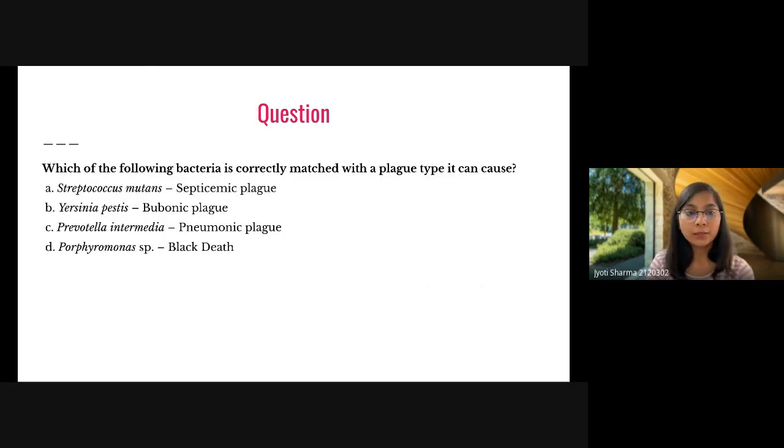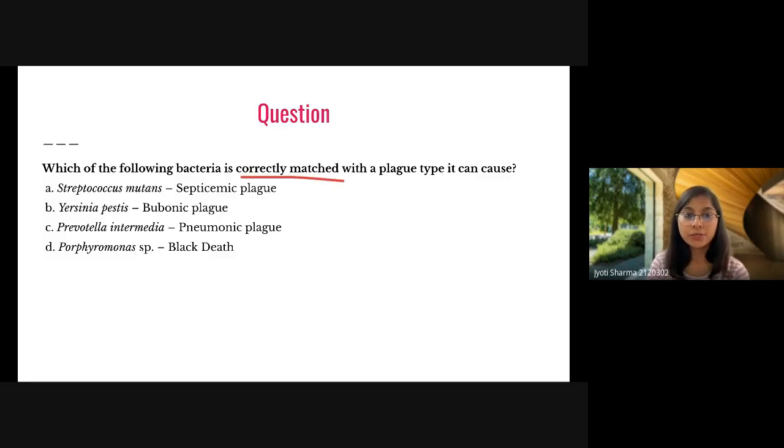Okay, now which of the following bacteria is correctly matched with the plaque type it can cause? We have the name of the bacteria, and on the right side we have the type of plaque it can spread, and you have to tell me the correct match.